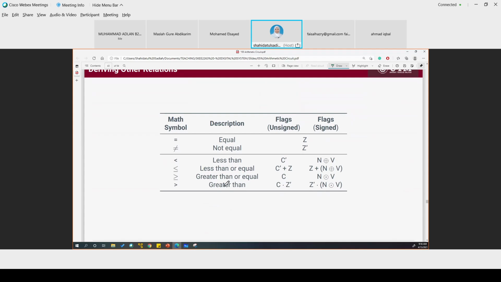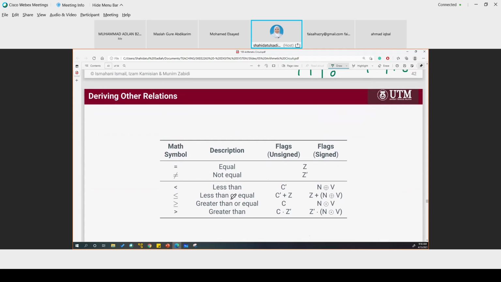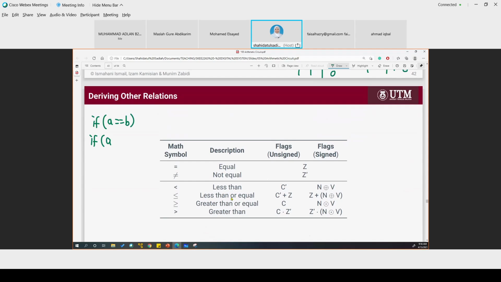So why we are learning about this condition is because when you want to write a program, you always use this condition, right? If A equal to B, for example, if A not equal to B, if A less than B, A less or equal to B. So you are using this condition in the program.